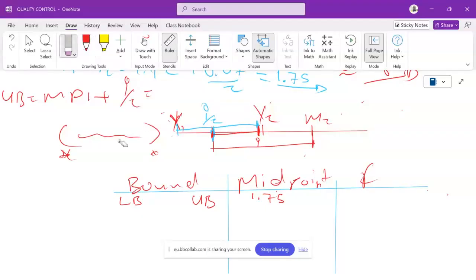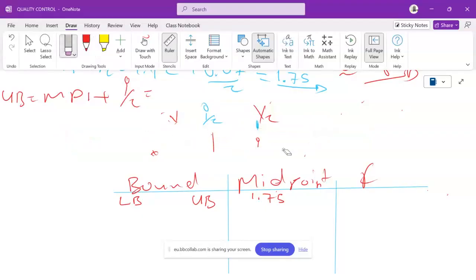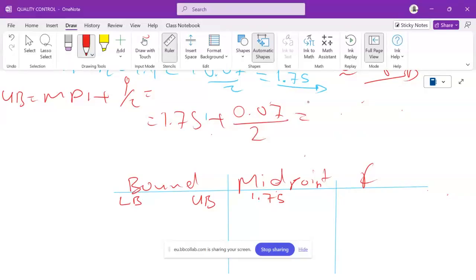Then we delete these other things that we don't need here. Which is 1.75 plus half of our interval.